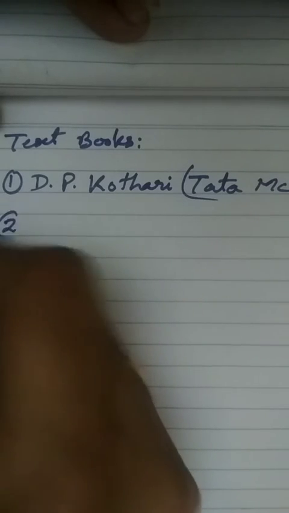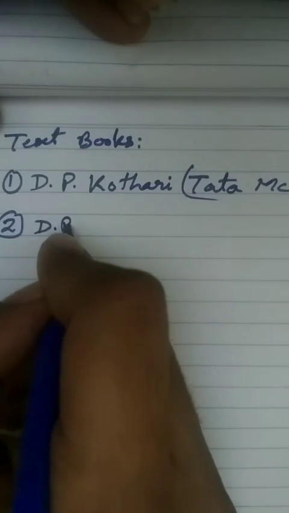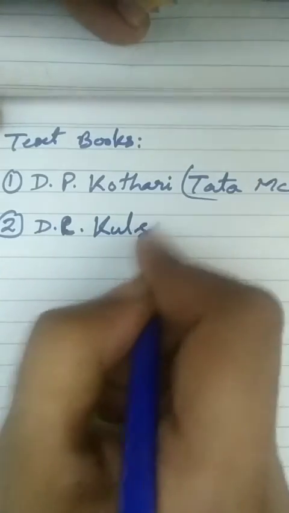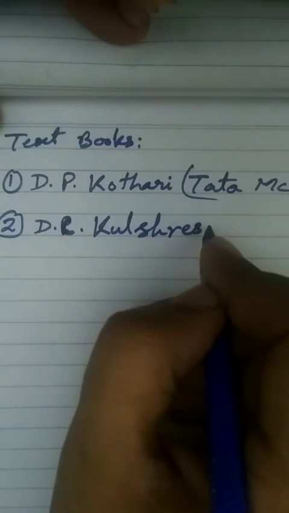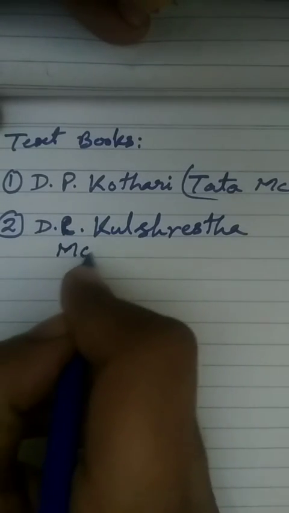The second book is written by D.C. Kulshreshtha, from McGraw-Hill publication.